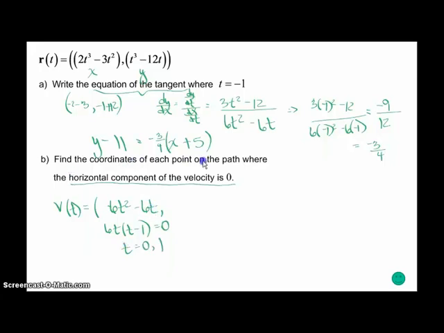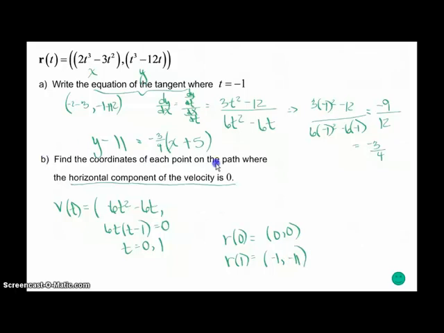And we need the coordinates of each point on the path, so we're going to have 2 points. We need r of 0 and we need r of 1. So r of 0 is 0, 0. There's the coordinates of that. And r of 1 is 2 minus 3, so that's negative 1, and 1 minus 12, that's negative 11.